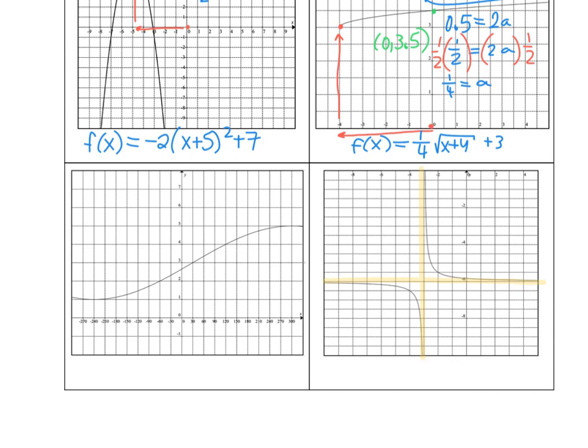So that's the first thing I'm going to do. Y equals a, and then x, I'm going to the left 3, so I should write x plus 3 in the denominator, and then -6 outside the bracket. And there we are. And again, I don't care about the k value because I can combine it with the a. I don't even care about reflections in this case. But here I can see that there was no reflection because the curves are in the top right and bottom left corner, just like the base function.